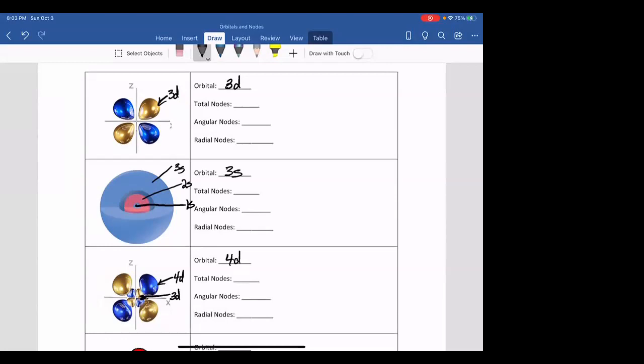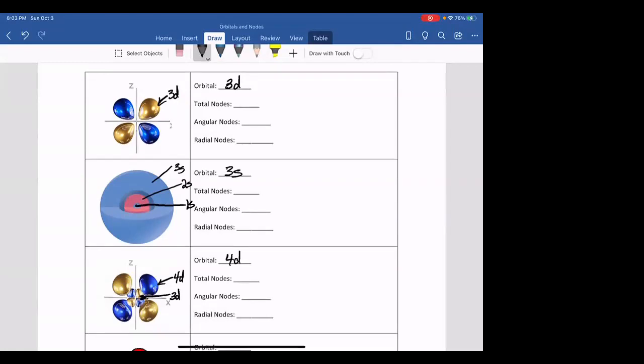Any other questions about that piece? Okay, I'm trying to go in order and not forget any. So the question I was asked, do we have to know what axis the nodes are on and how to draw them?